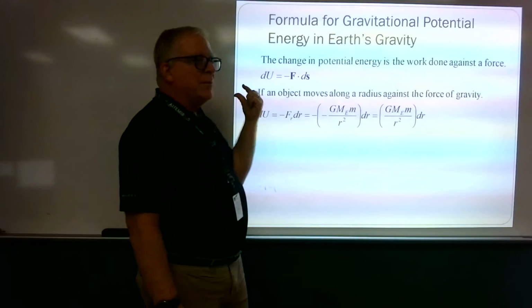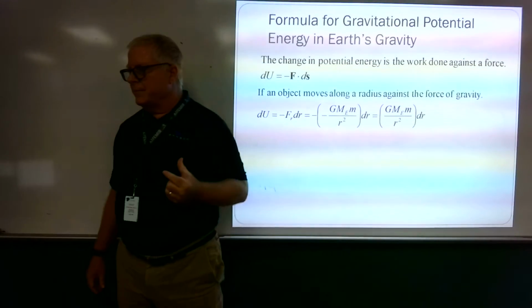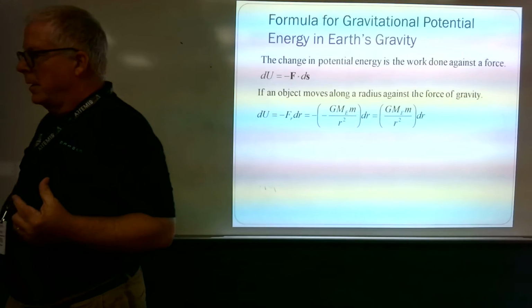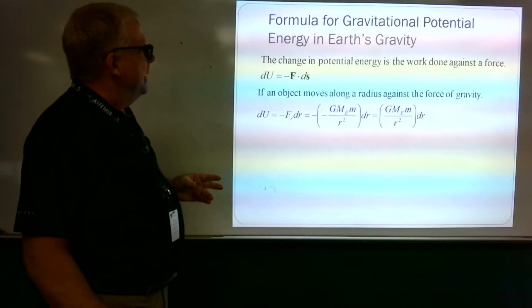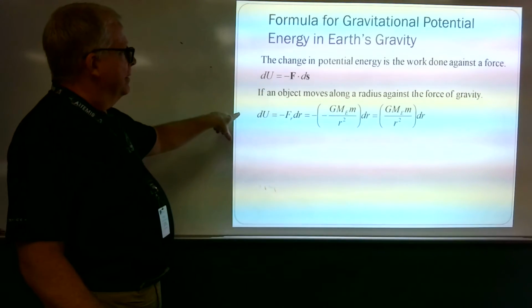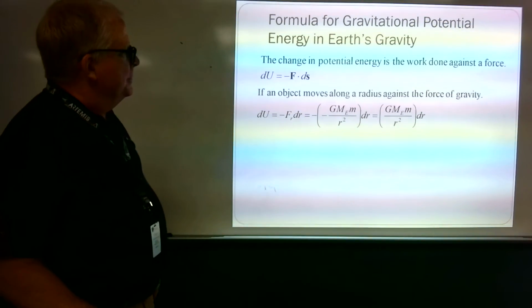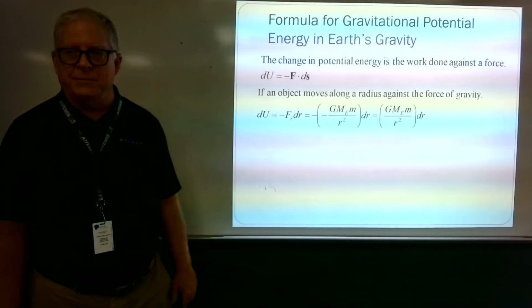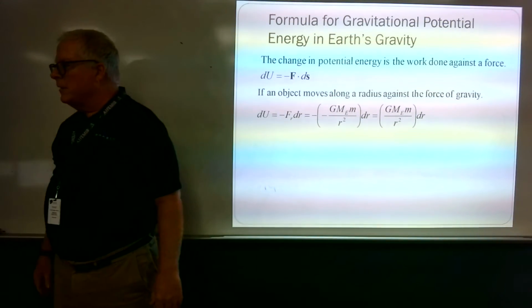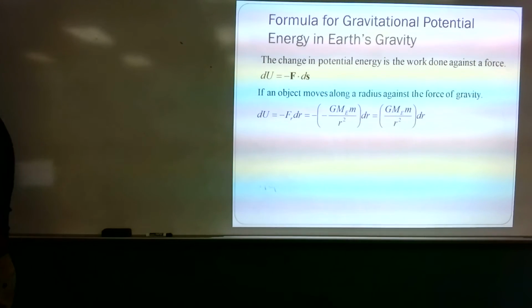So that is a little bit of change of energy that we have, and if we are trying to calculate the total potential energy difference between two points, then we would integrate that over our path.